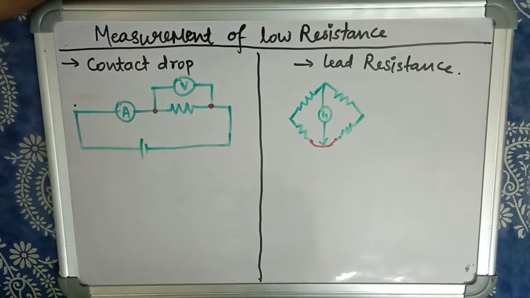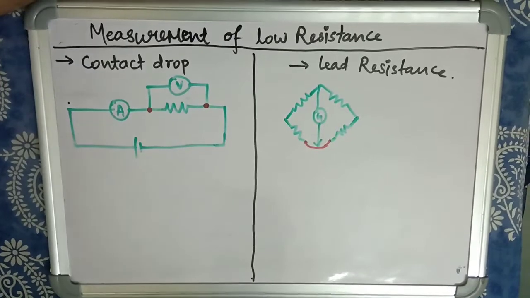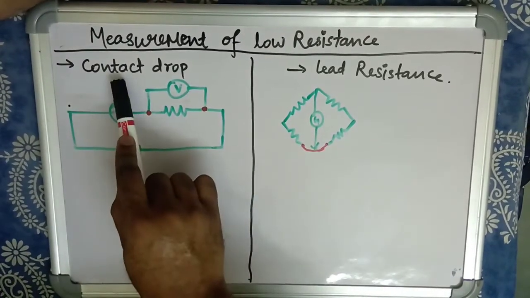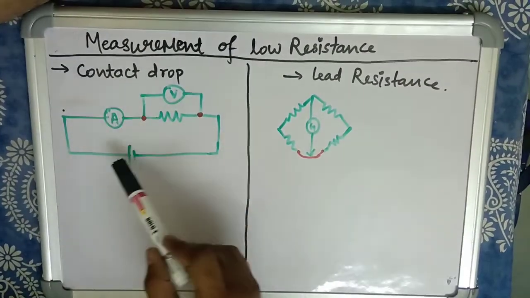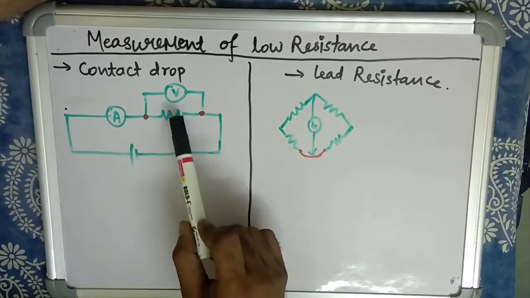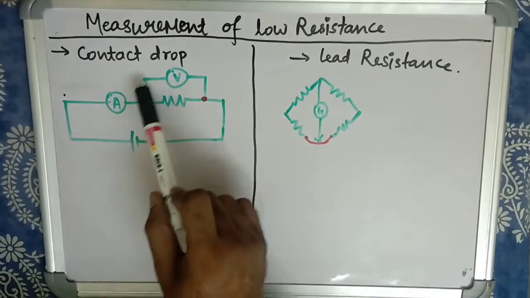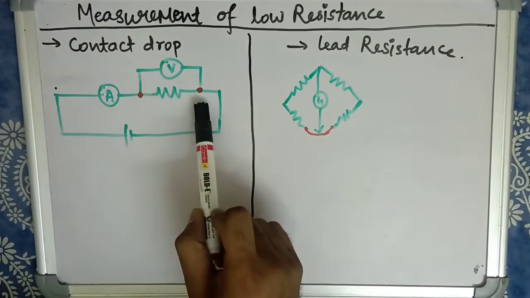When we try to measure low resistances with the methods studied for medium resistances, we find two problems. One is contact drop and another is lead resistance. In the contact problem, if we go for the VI method, we have resistances of very low value, less than 1 ohm, and if we connect the voltmeter across the resistance, we find the contact drop.